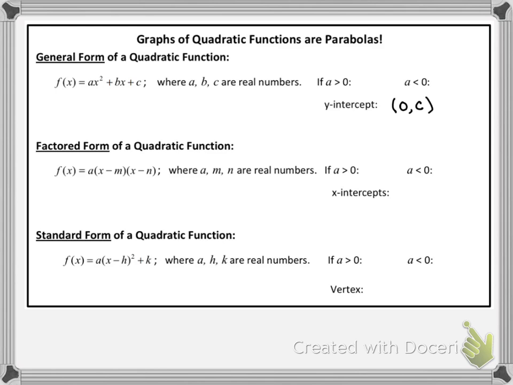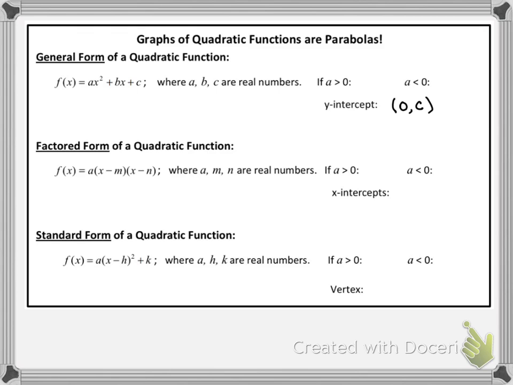When you write quadratic functions from information that's given, you will never use the general form because it's a pain. You can't just start with the y-intercept and know everything about the graph, or about the equation. So you have to do quite a bit more work if you're going to use the general form. So we don't typically write equations in that form from the get-go.